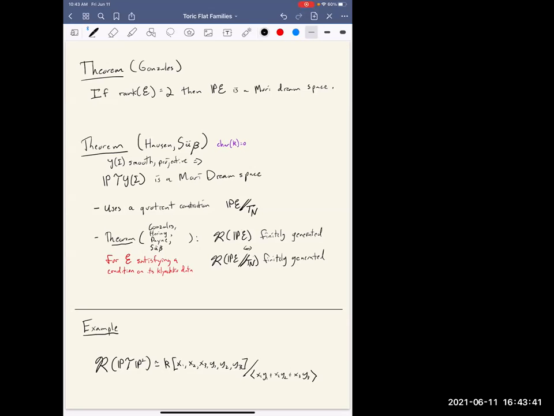An example that fits both of these criteria is the tangent bundle of P2, whose projectivization has Cox ring a quotient of a polynomial ring on 6 variables, modulo a very nice quadratic. And maybe after this talk, or after reading some of the papers by these authors, it's a nice exercise for a graduate student to try to say what the Cox ring of the projectivized tangent bundle of a smooth projective toric surface is.